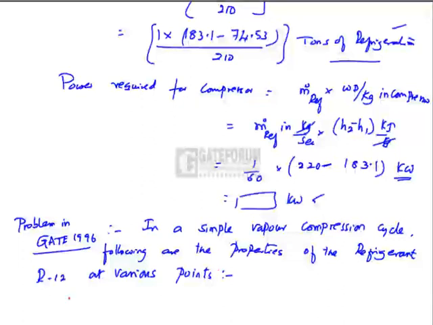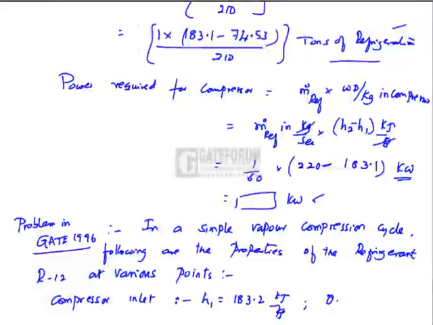The points are given like this. Compressor inlet, H1 is given as 183.2 kilojoule per kg. V1 means specific volume, 0.0767 meter cube per kg.